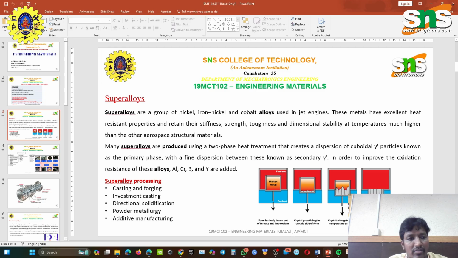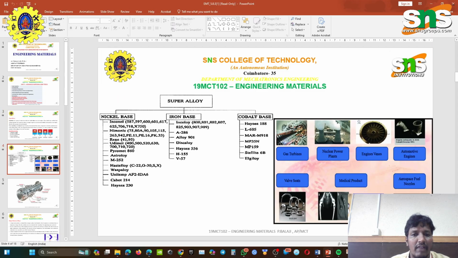We have some types of superalloys, like Inconel types 587, 597, 600, 601, 617, Udimet, Pyromet, M252, those kinds of cobalt and nickel based superalloys. They are typically made of nickel, cobalt, and iron-nickel alloys, and widely used for aerospace and power generation applications.